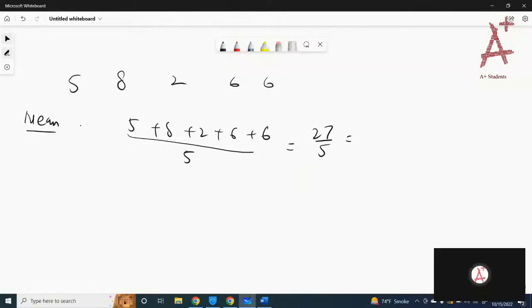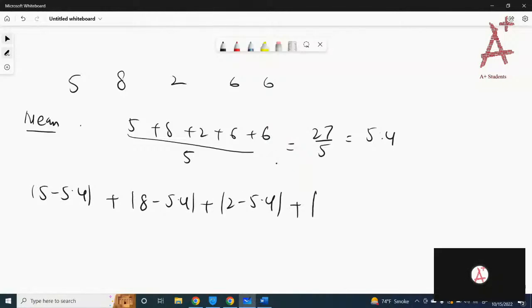So it would be 5.4. Now subtract 5.4 from all the values and add them. 5 minus 5.4, 8 minus 5.4, 2 minus 5.4, 6 minus 5.4, and 6 minus 5.4. Got it?